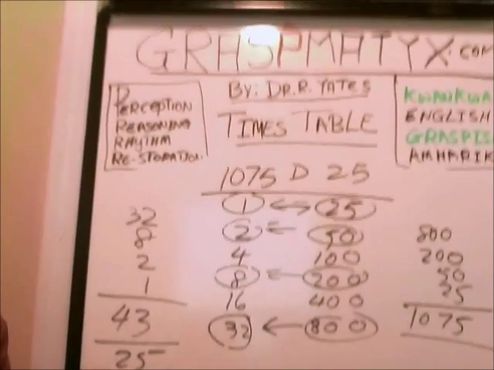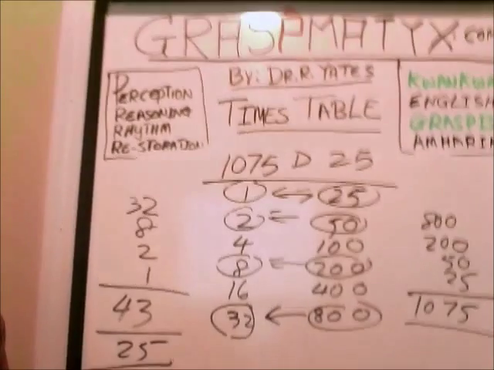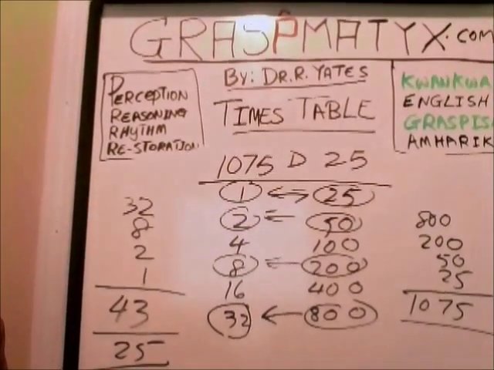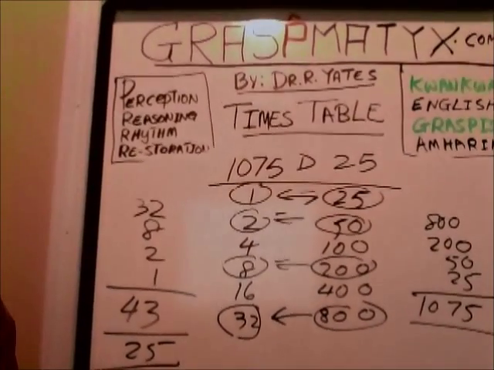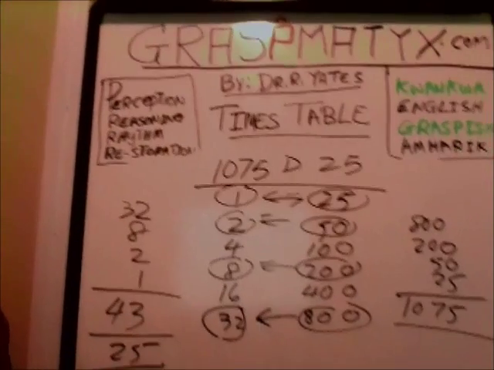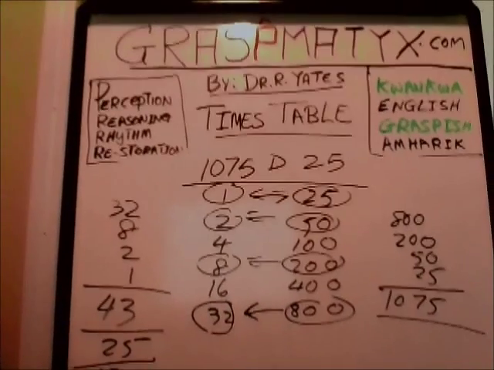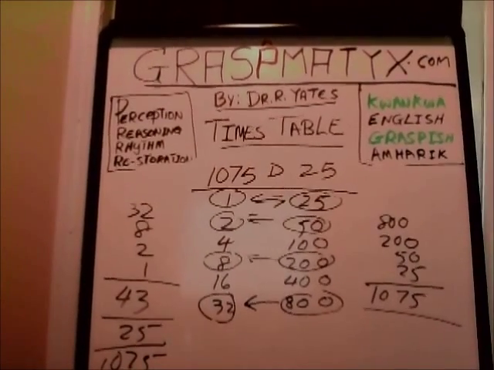Okay, let me make it a little better for you by bringing it down a little darker. How about that? I think that's better. It's better in vision. So that's what it would be when dividing.